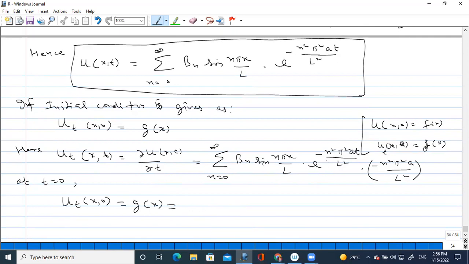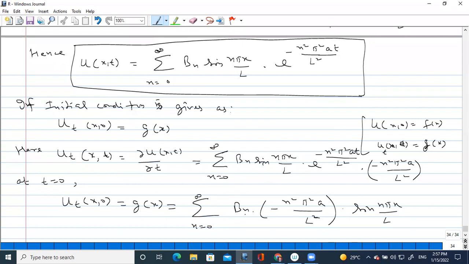So this whole term will be e to the power 0, which is 1, so only this much is left: g(x) equals summation n equal to 0 to infinity b_n into this coefficient, minus n square pi square a by L square, into sin(n pi x by L).